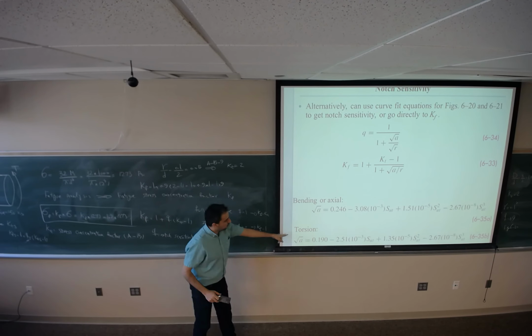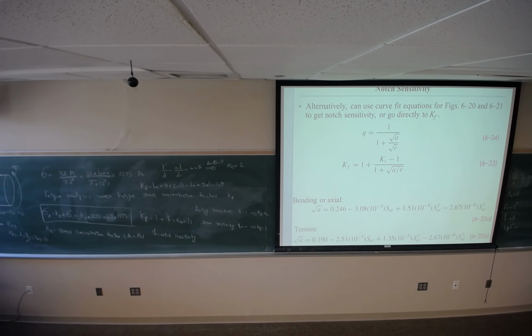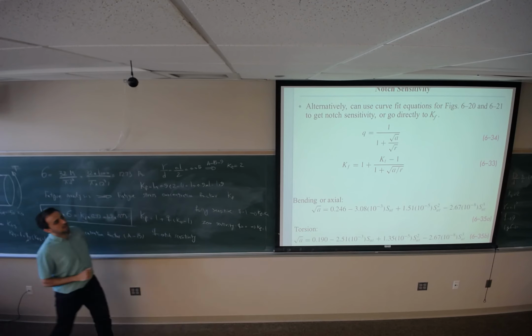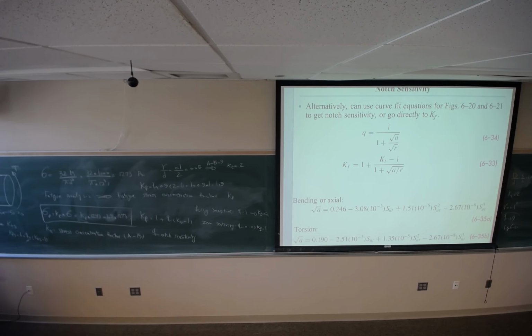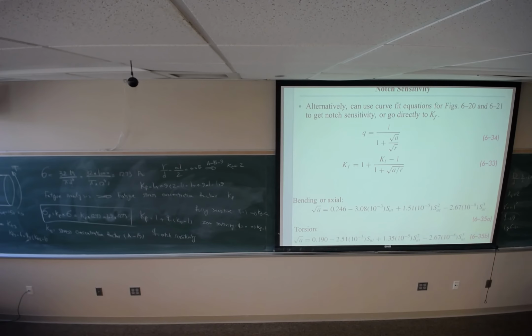If you have torsion, it's coming from this equation. So this is your option to pick. Either by going to figure 620 or 621, or by picking these two equations and plugging into equation 634. It's going to be more accurate because you calculate it, while the other one should have a slight error already in the numbers. Any questions so far?